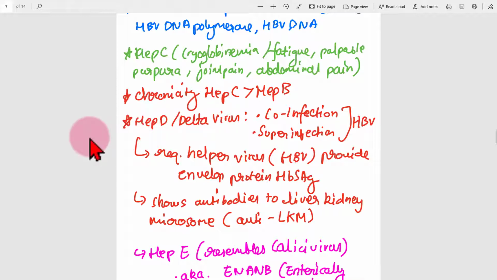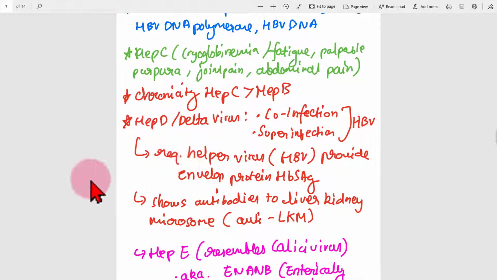And moving to Hep D, it is also known as Delta virus, and it can have stages such as co-infection as well as superinfection. Co-infection is when it is along with HBV infection, and superinfection is when it affects the already infected.